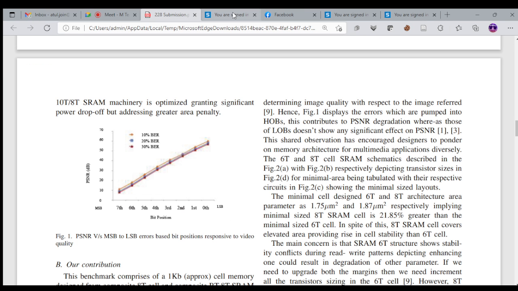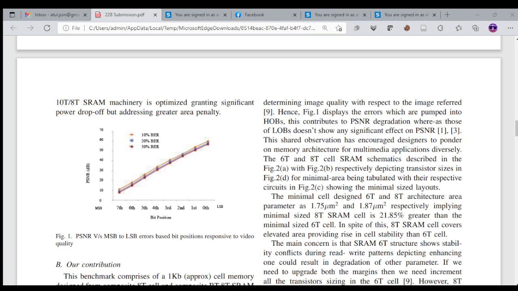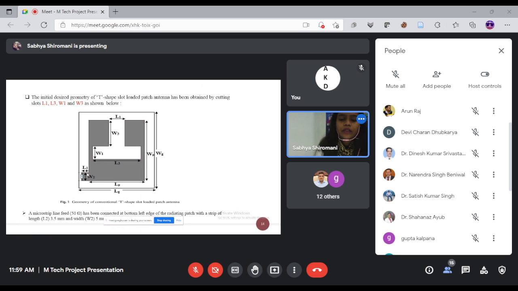In order to obtain the ground length and other parameters, we will be evaluating by these equations, and hence we will get the results of the ground length and the width of the patch. The geometry will look like this, but we will be selecting only L1, L3, W1, W3 as shown in the figure for the optimization and for other results.